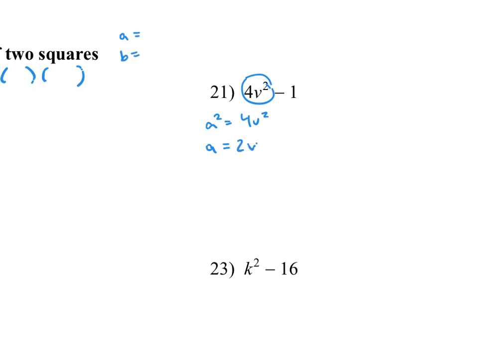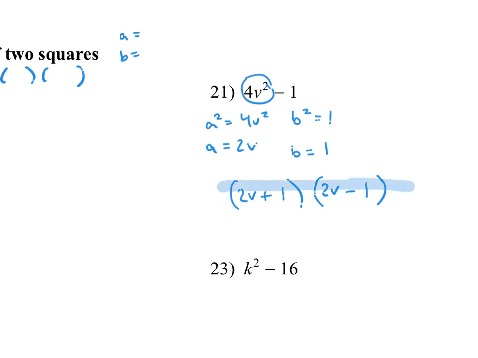Awesome. And B squared is equal to 1, so what's our B equal to? 1. So then we have A plus B and A minus B. So 2V plus 1, 2V minus 1. That's our answer.